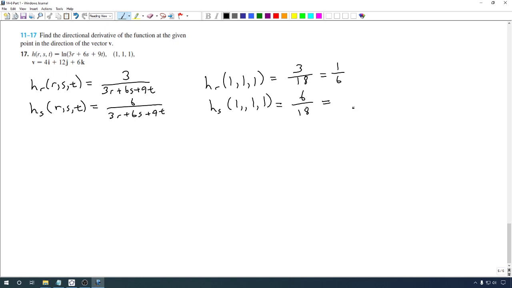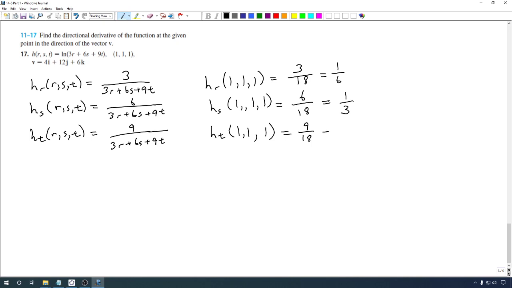And so now we get 1/3. Finally, we look at t. This time the derivative of the inside is a 9. And so we have 9 over 18, or 1/2.